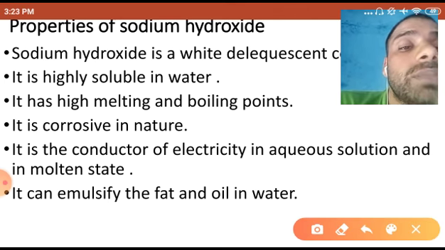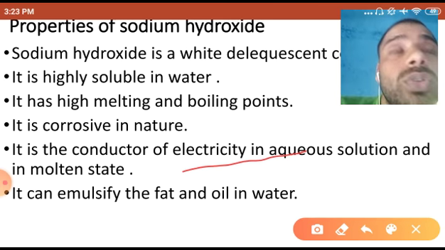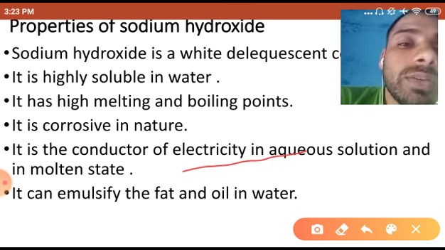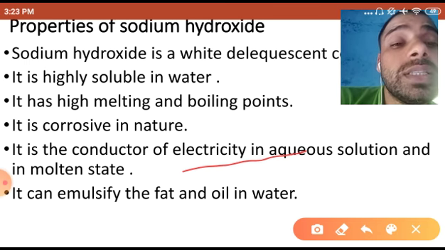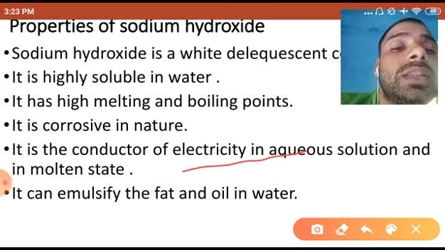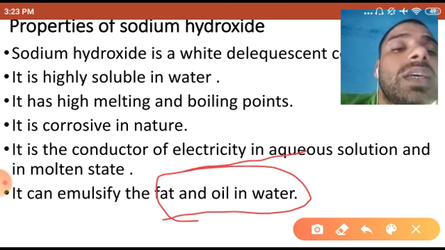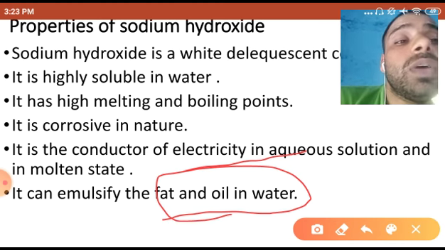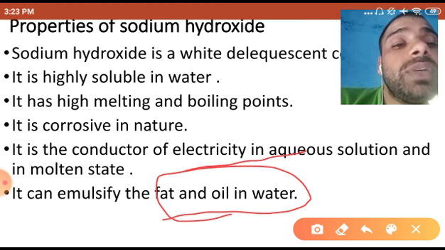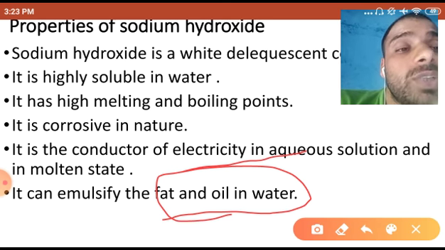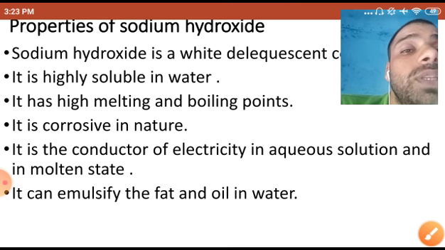It is a base, and bases dissociate into ions, so it conducts electricity in aqueous solution, and it can emulsify fats and oils in water. Emulsify means it creates a state in which water and oil can mix.